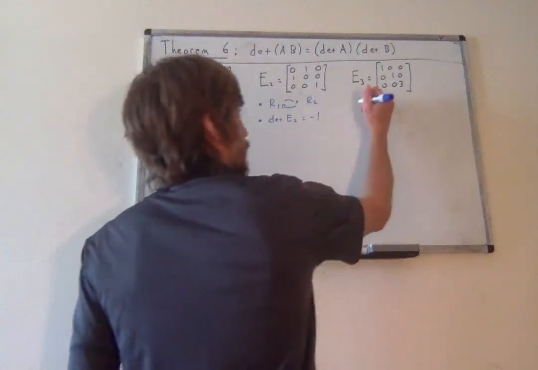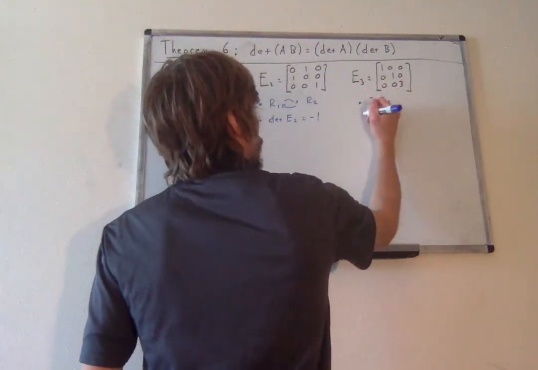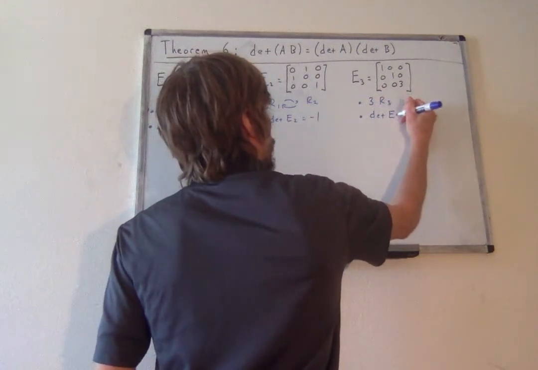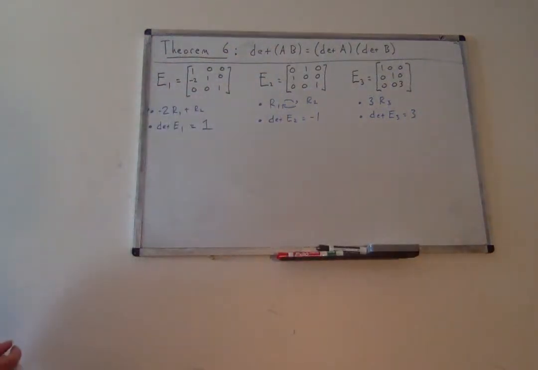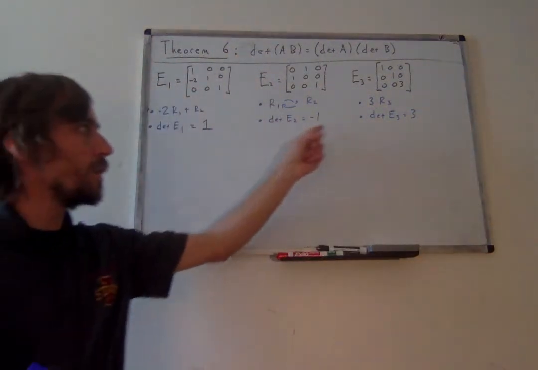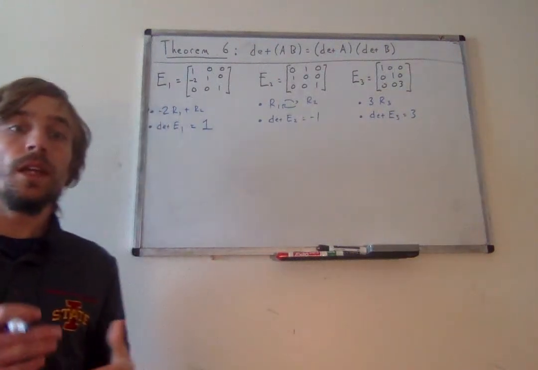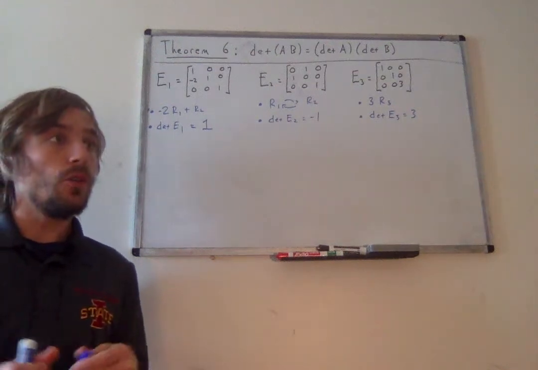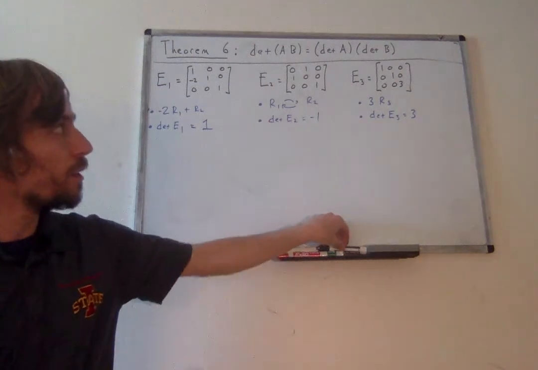This one is 3 row 3, and sure enough, the determinant of E3 is equal to 3. So you might already notice a small trend here, that the determinants of these elementary matrices correspond to how their respective row operation affects the determinant of a matrix.